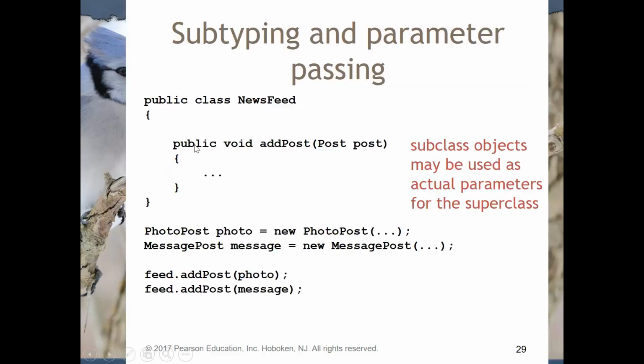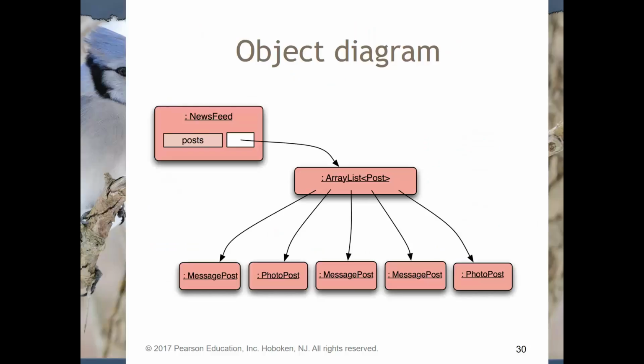In public class NewsFeed, void addPost, down here you have a photo post, photo equals new PhotoPost, message equals new MessagePost, and again it's just showing you how I create a new photo post, I create a new message post, and I simply call the same post method in both cases. This may be confusing to you, but just think of it as, because these have the same parent, I can now send them through the same type of processor where before they had to be completely separate.